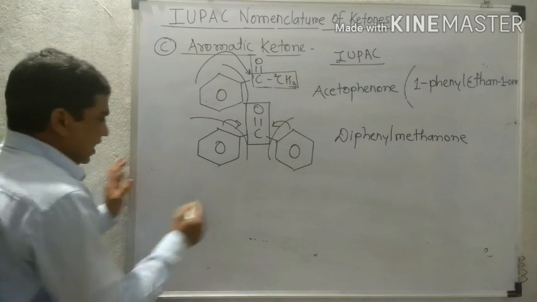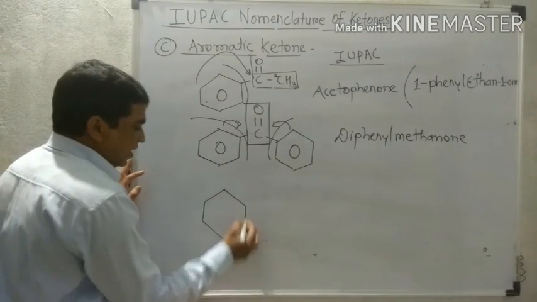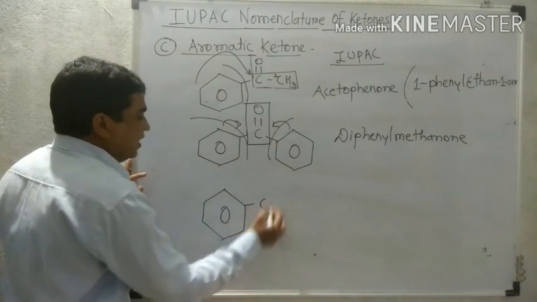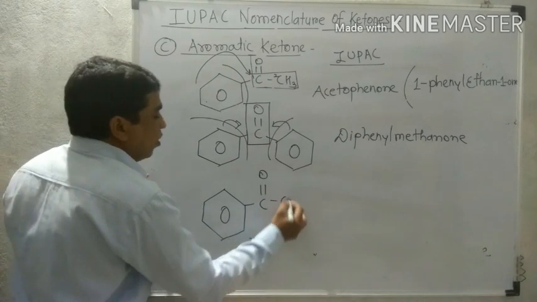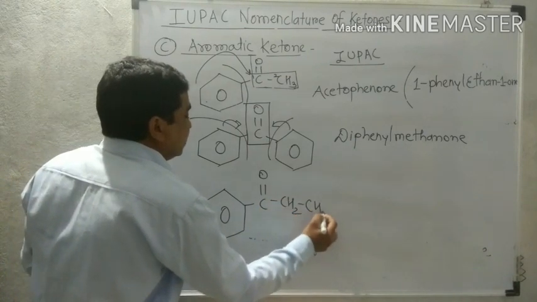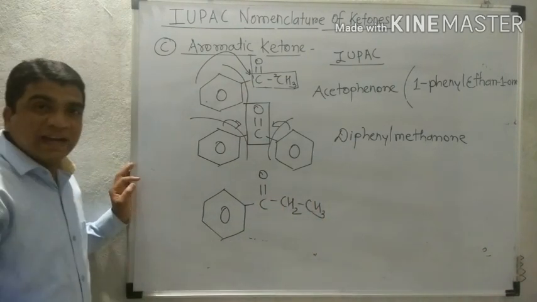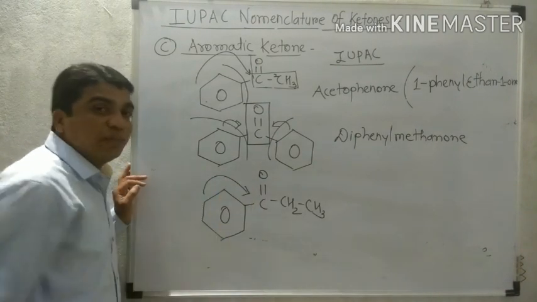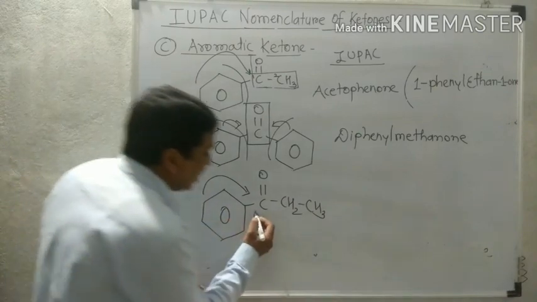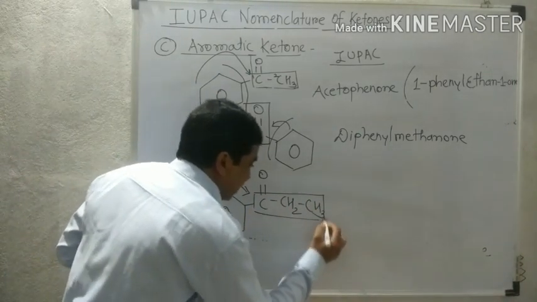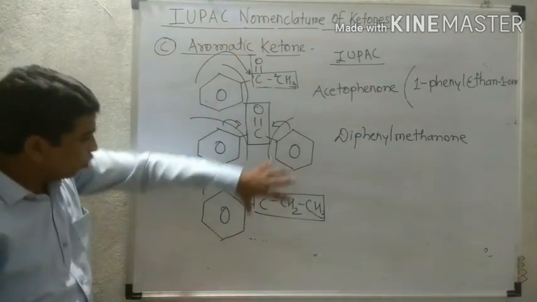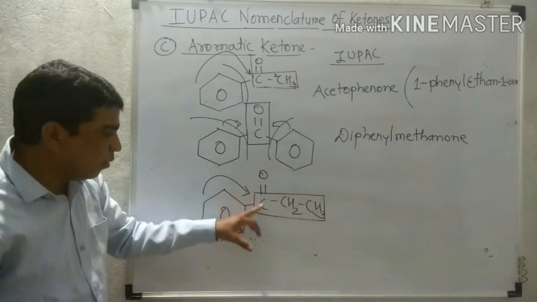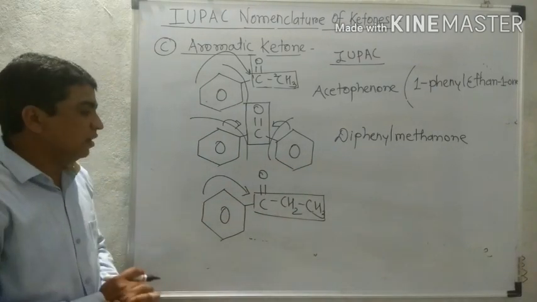Again, if the structure is like this for an aromatic ketone, a benzene ring attached with C double bond O CH2 CH3. We know that in this structure also, benzene, that is the phenyl group, is a substituent to this carbon chain. This is the carbon chain in the structure. This overall chain with C double bond O is not a substituent to the benzene.